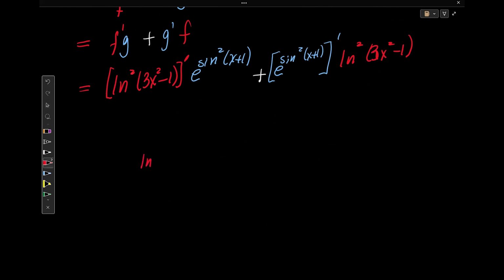Again, ln squared x is ln of something, squared. It happens to be the natural log, so what? But I have something to a power. Whenever that happens, automatically your mind should switch to the power rule.